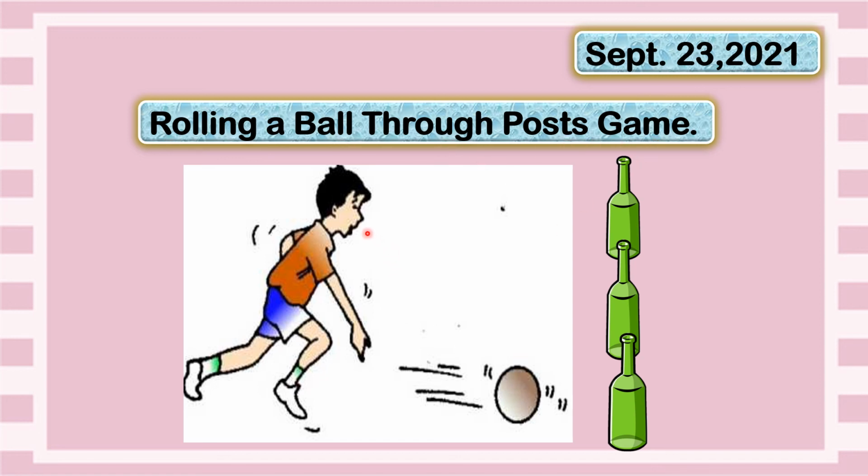For example, if you are a boy, you draw yourself rolling a ball, and you need to put one, two, or three bottles at the front of yourself. Or if you are a girl, you roll a ball and also don't forget to draw and color three bottles. So this one is an example. You can copy it if you want. But this one is a boy.